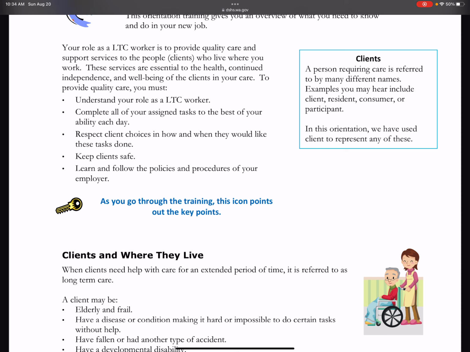To provide quality care, you must understand your role as an LTC worker, complete all your assigned tasks to the best of your ability each day, respect client choices in how and when they would like these tasks done, keep clients safe, and learn and follow the policies and procedures of your employer.